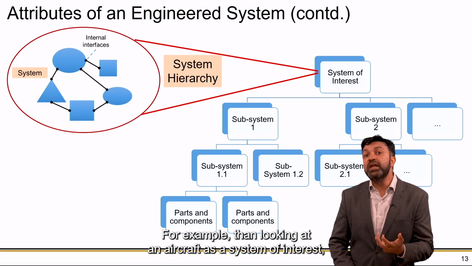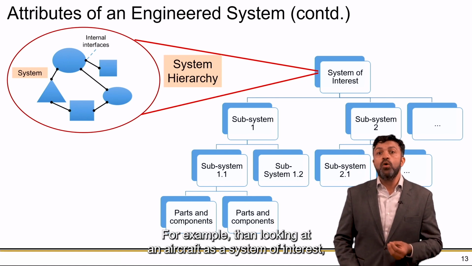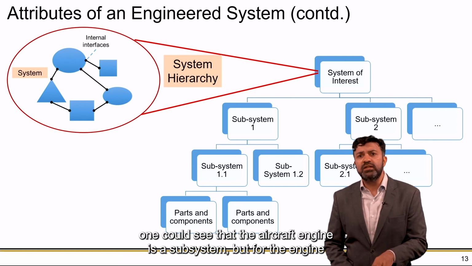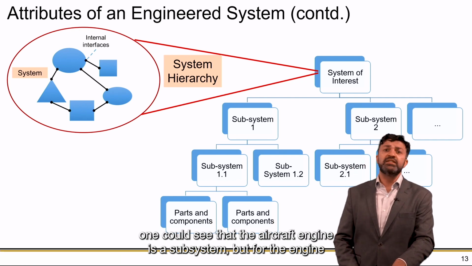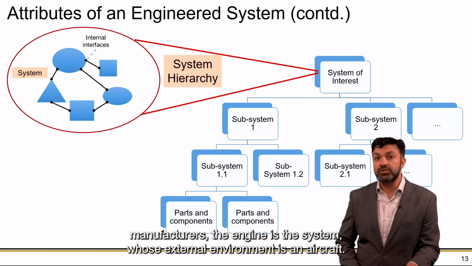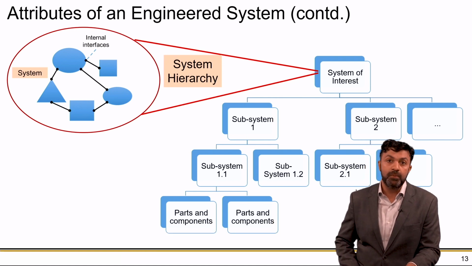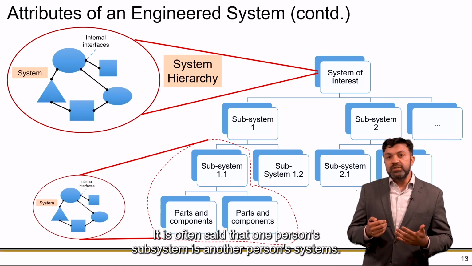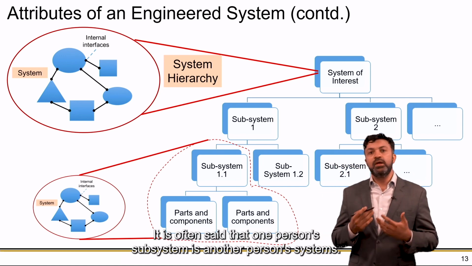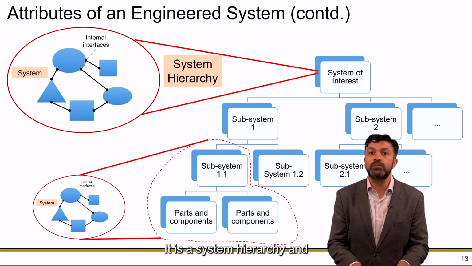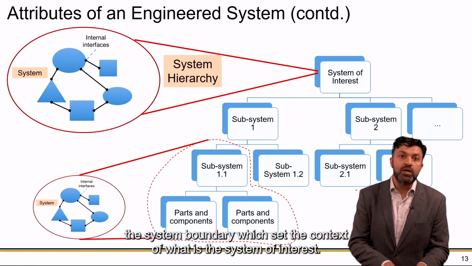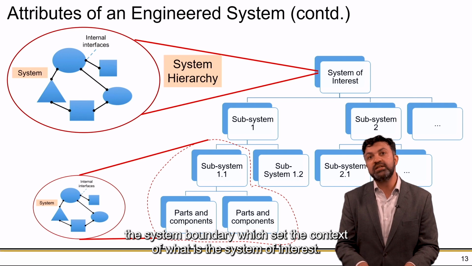For example, when looking at an aircraft as a system of interest, one could see that the aircraft engine is a subsystem, but for the engine manufacturers, the engine is the system whose external environment is an aircraft. It is often said that one person's subsystem is another person's system. It is the system hierarchy and the system boundary which set the context of what is the system of interest.